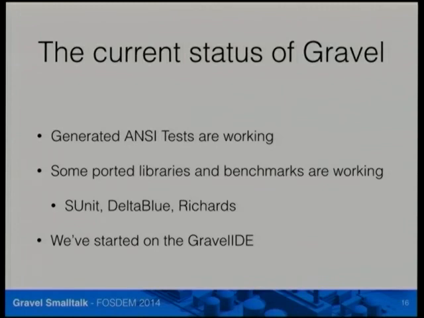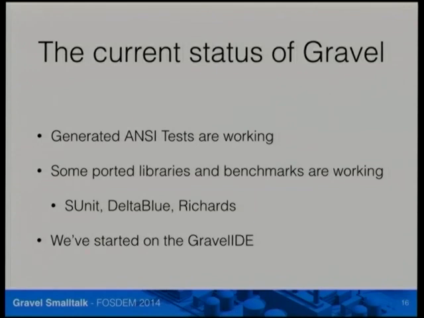We've started the development of Gravel in October last year. At this point, we have the generated ANSI tests working, which means that the largest part of the base library is working.